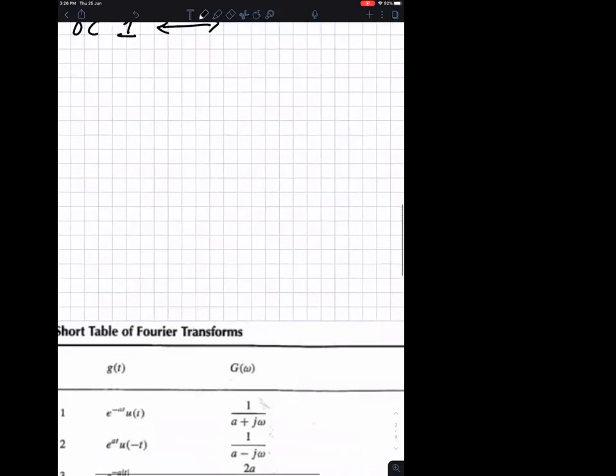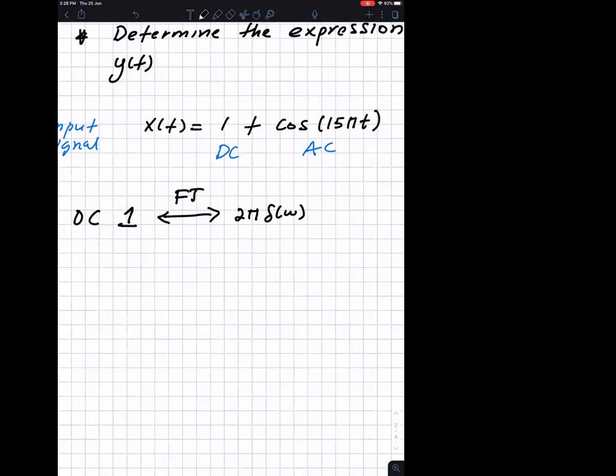So do you know what this means? It means we have a delta function with amplitude 2 pi, located at omega equals 0.